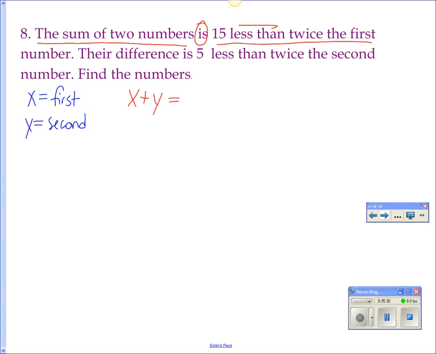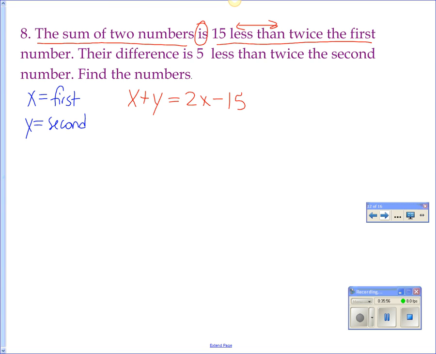Less than always means to switch things around. So you're actually going to do twice the first number, 2x, minus 15 is how you write that. 2x minus 15. Less than always has to switch around. Okay, that's the first equation.